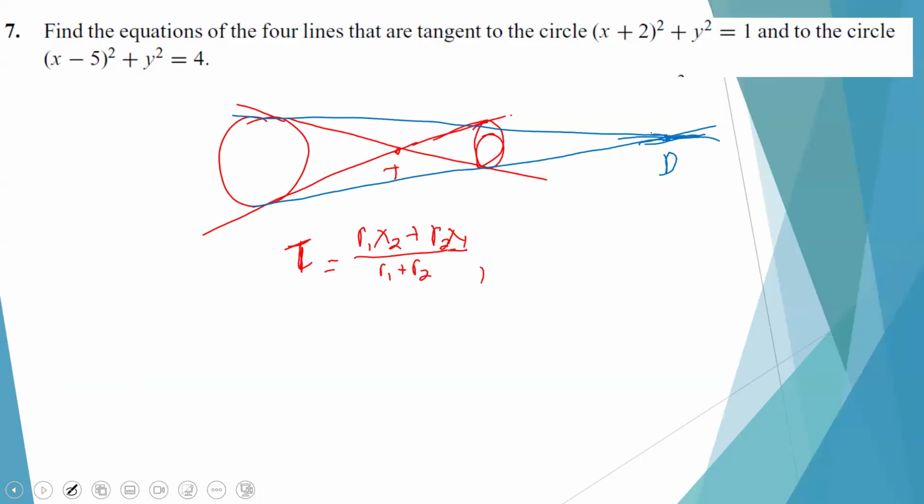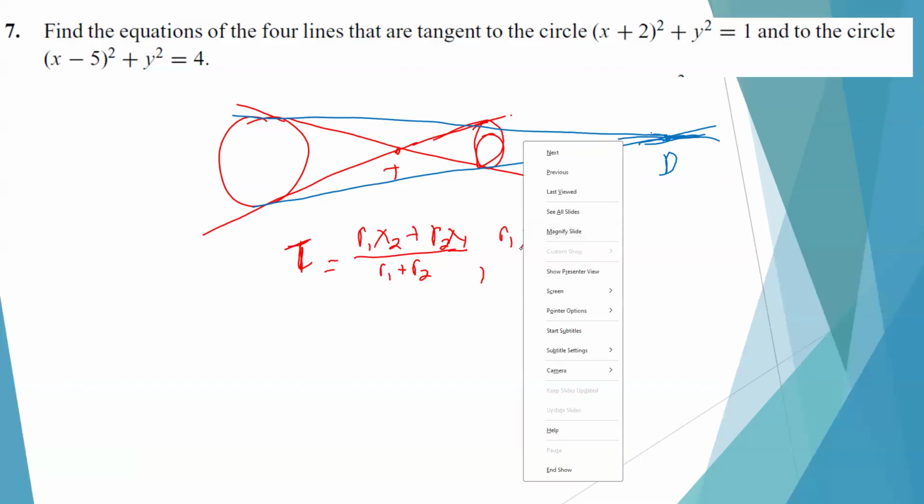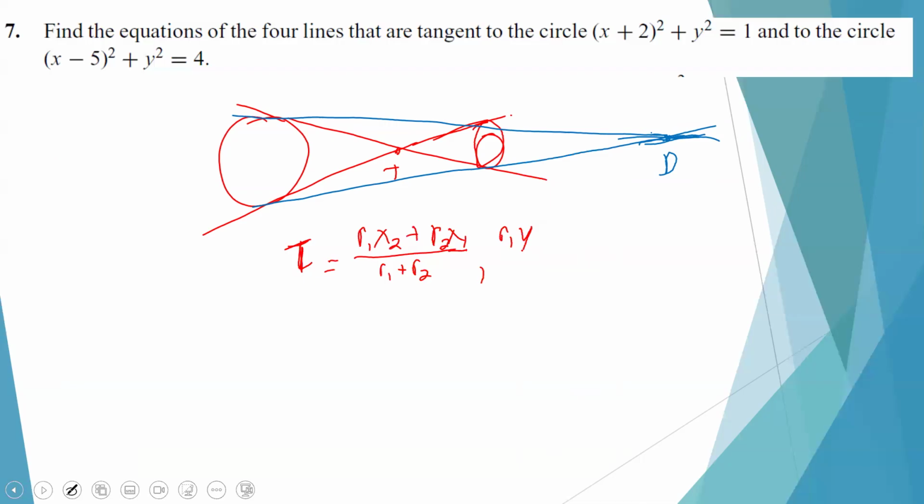That's the x value, and then the y value is R1 y2 plus R2 y1 over R1 plus R2. Those are those points.